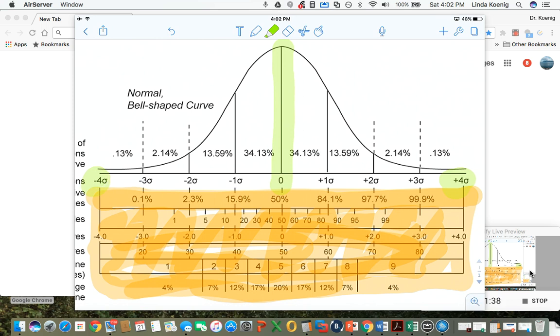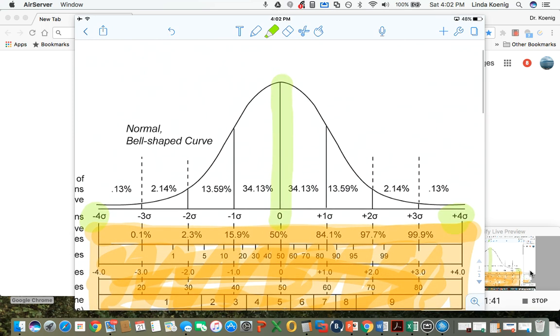So let's just say we're going to measure the feet of all the women in the United States, or let's just take their shoe sizes. That's a little easier. So let's say that we do that, and our data says that the average shoe size for a woman in the United States is an 8.